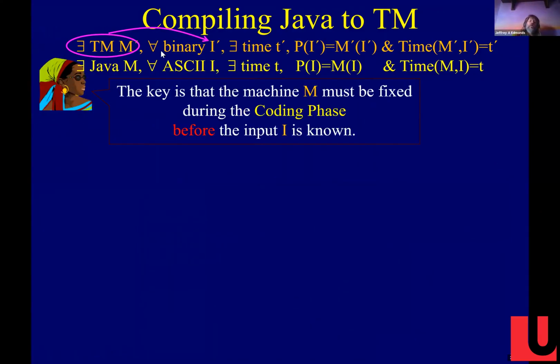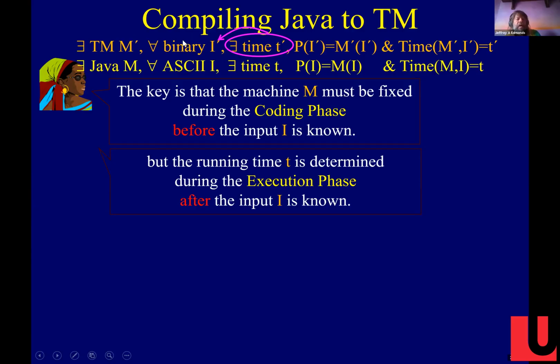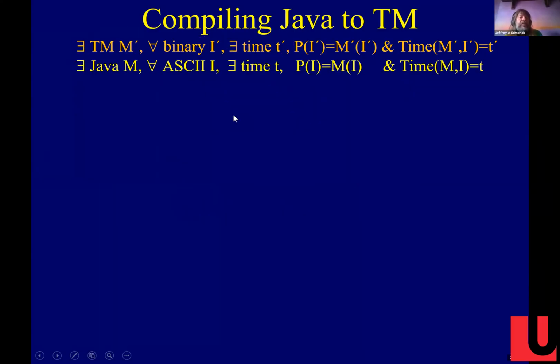So what's key here? We're stressing it again. What's key is that the machine must be fixed and known before we know the input. I'm just reminding people of what the game is. What are we saying? There exists one fixed machine that works for every input, and then the running time. Here we're using coding phase.